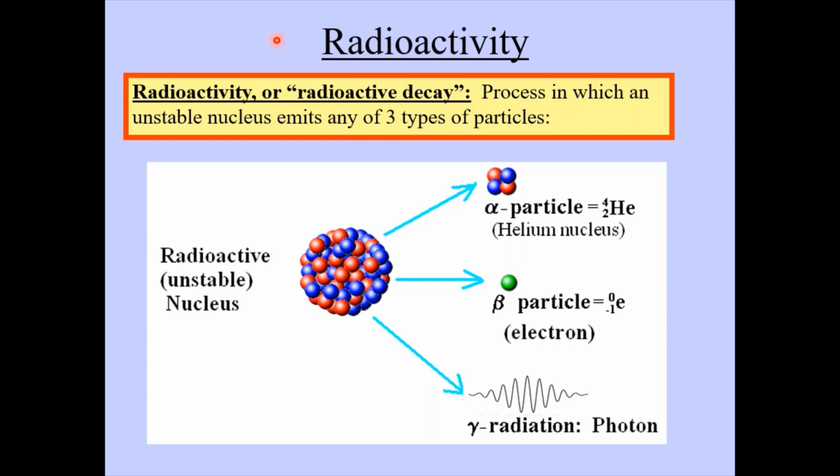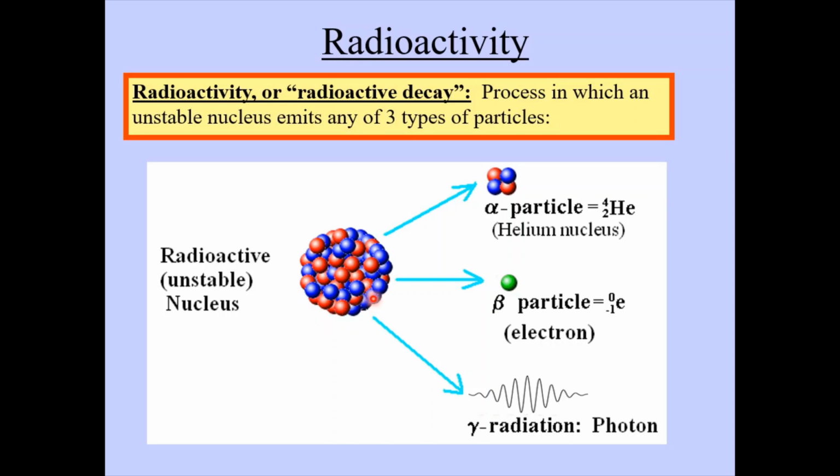So radioactivity is also known as radioactive decay. It's a process in which an unstable nucleus emits any of three types of particles. The idea can be shown with this diagram here. This kind of sums it all up. Here is our nucleus, and let's assume it is an unstable nucleus because it doesn't have the proper balance of protons to neutrons.